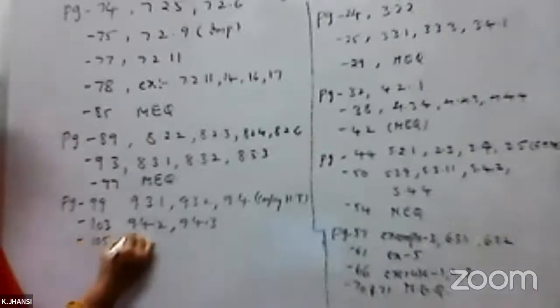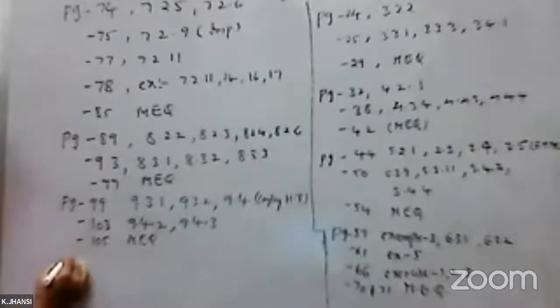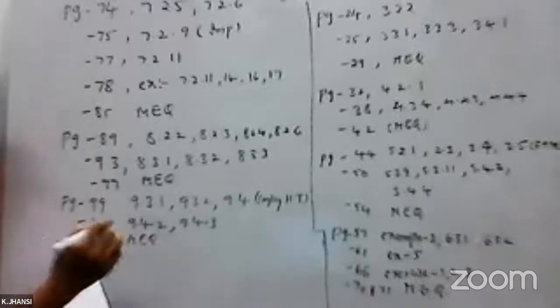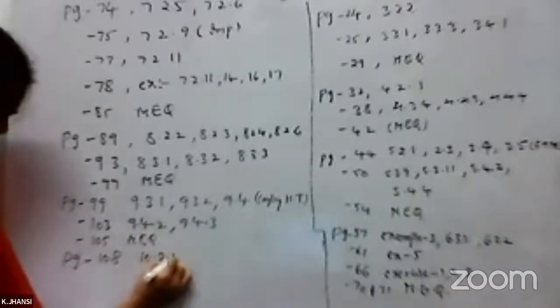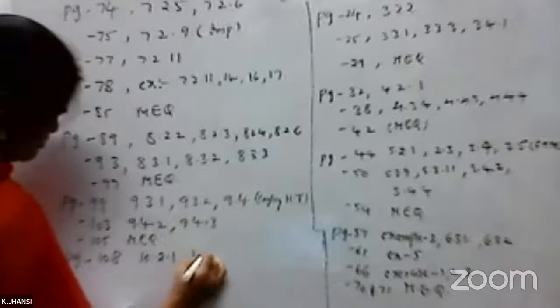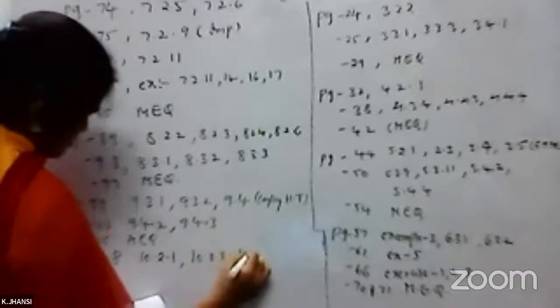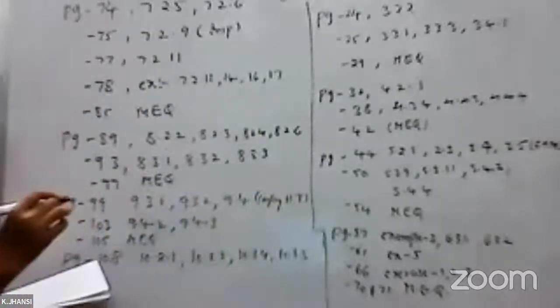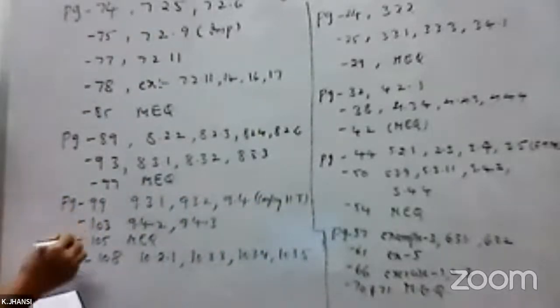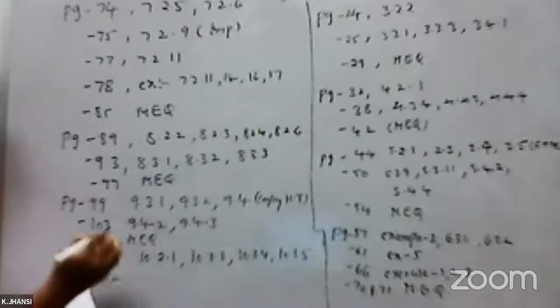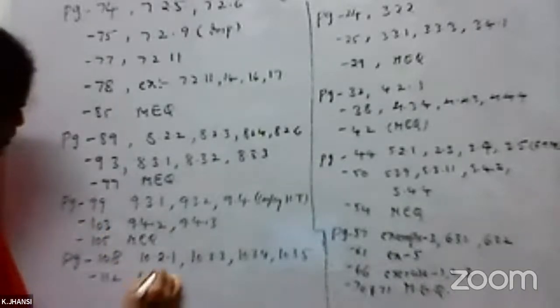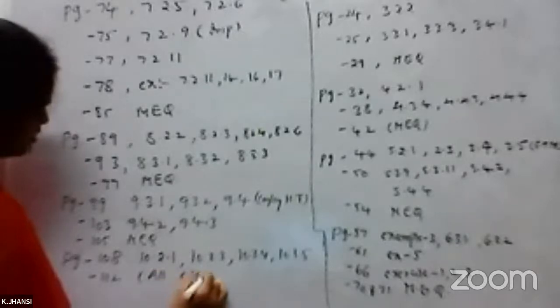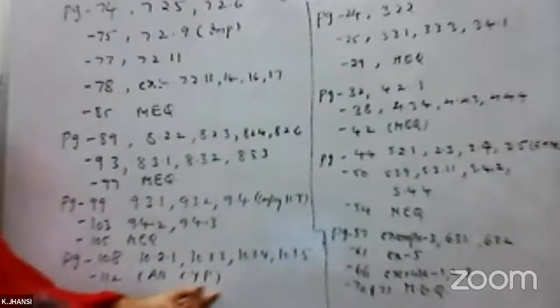So 105 is, see even the framing of the questions. On 112, you have Check Your Progress. Problems are there in this. CYP means Check Your Progress.